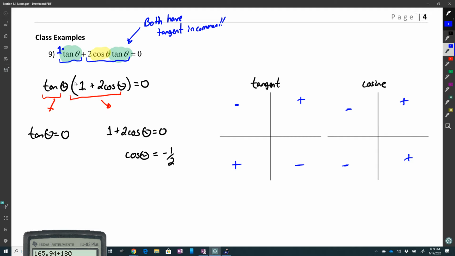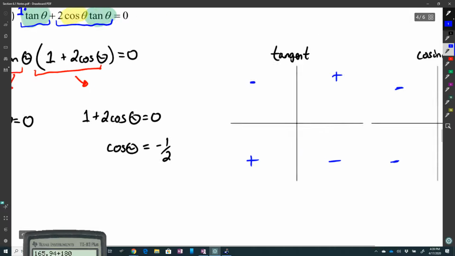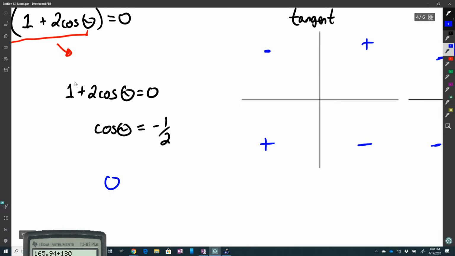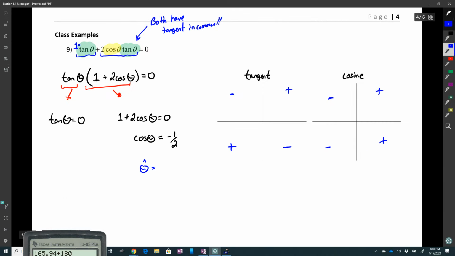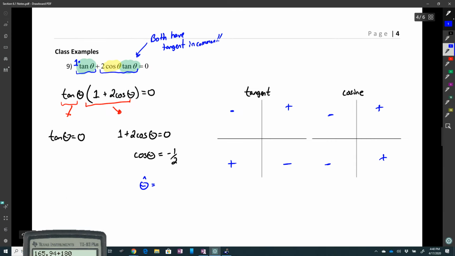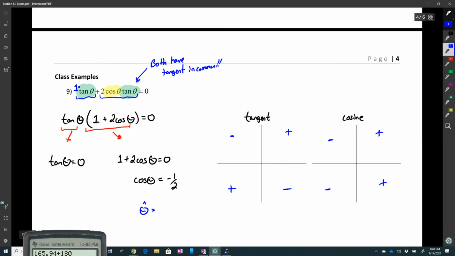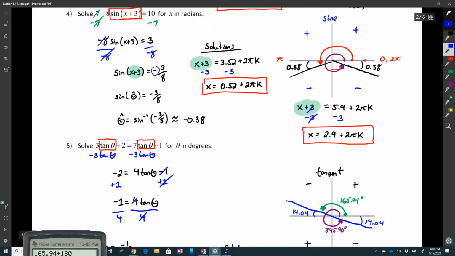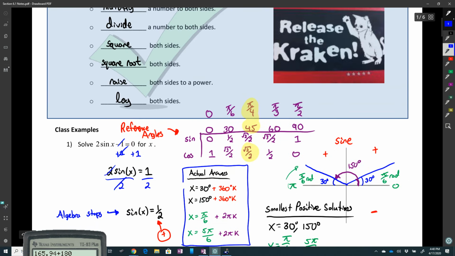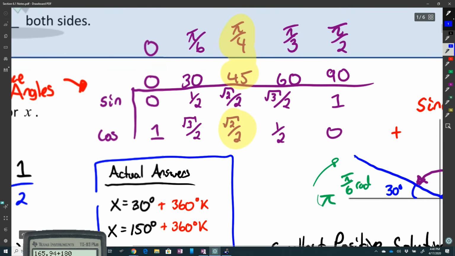Okay, so let's do the cosine first. Cosine is negative half. Well, this is a special angle. And here, well, I did it in both, but we go back to the little table that we made at the very beginning. And so cosine is a half at 60 degrees or pi over 3.